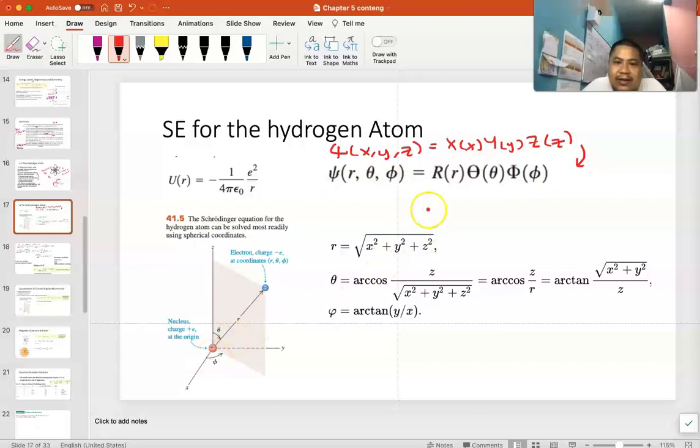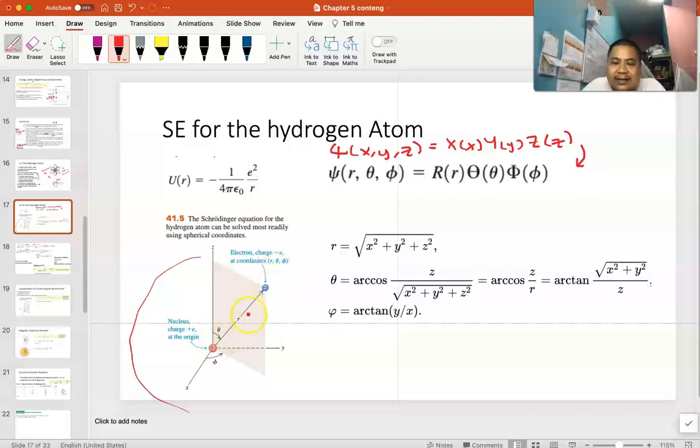Okay, so what are r, theta, and psi? So r is, this is the particle, for example. So this is our atom. We have our atom, spherical, and suppose the electron is here. So we can describe the coordinate using spherical coordinates. Instead of x, y, z, we use r, theta, and psi.